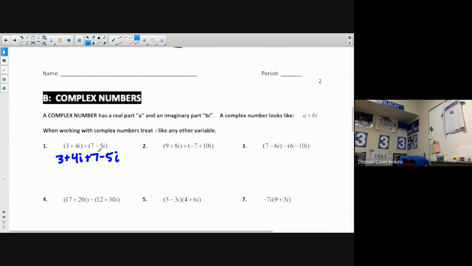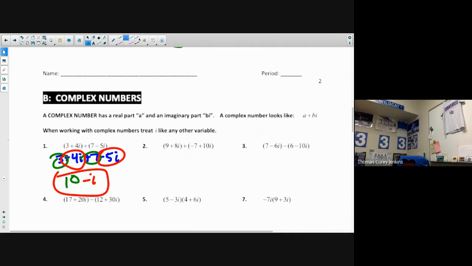And then all you do is combine like terms, okay? So 3 plus 7 is my real part, so that'd be 10. And then 4i minus 5i as my imaginary part to come up with the complex number 10 minus i. Or to take it back to the coordinate plane, that'd be the coordinate 10 comma negative 1.